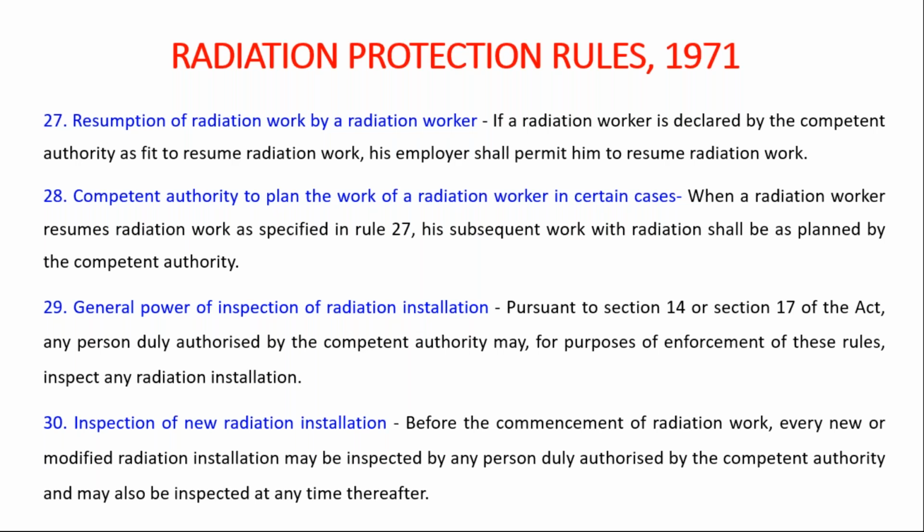So it is not the case that inspection is only before starting; even after starting, if he has some doubt, or if he wants to observe that activity again from a different view, then he can inspect that radiation installation anytime.